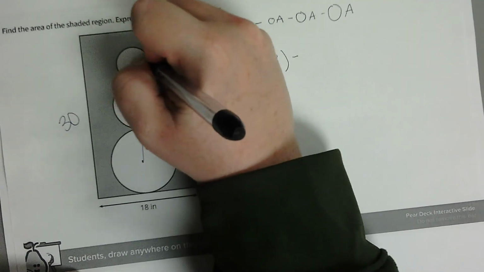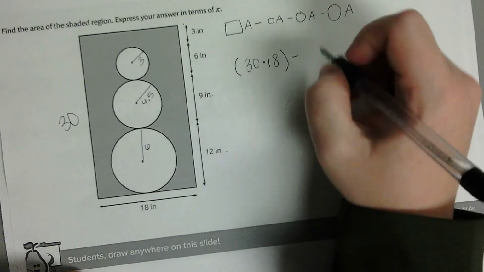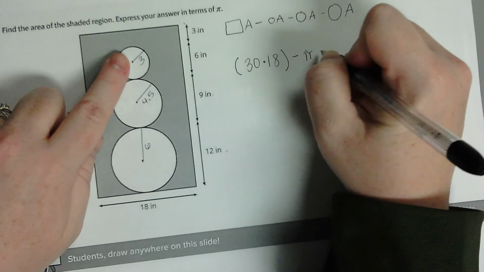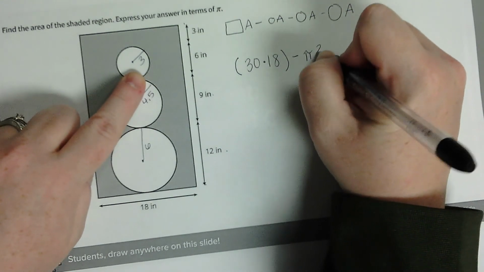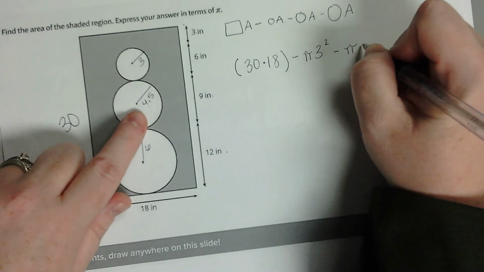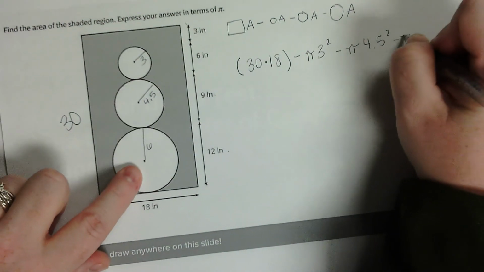And of our last one, the radius would be 3. So pi r squared minus pi r squared minus pi r squared.